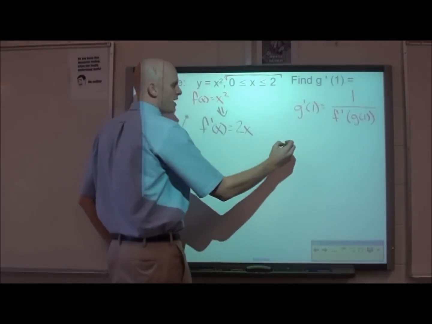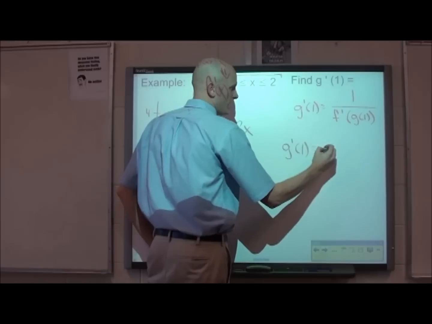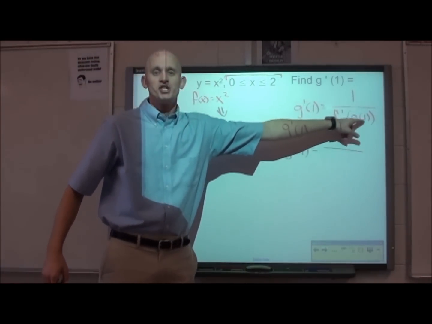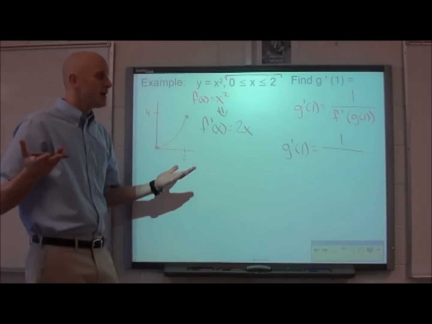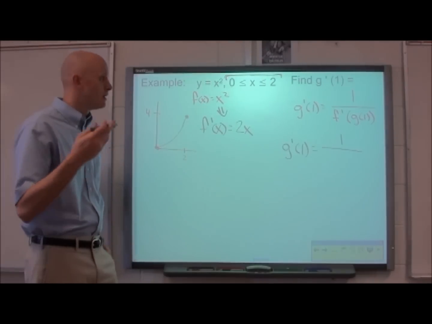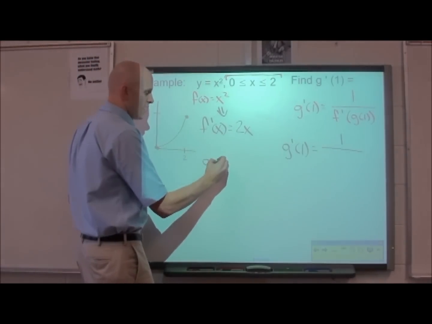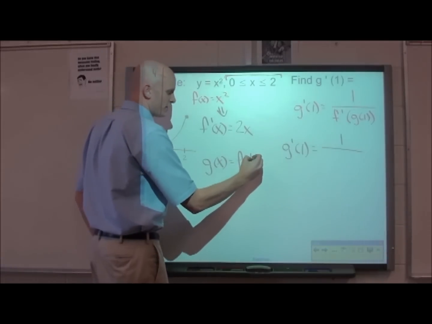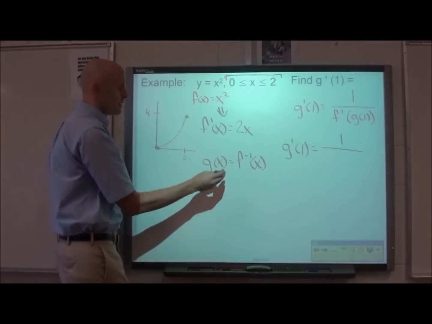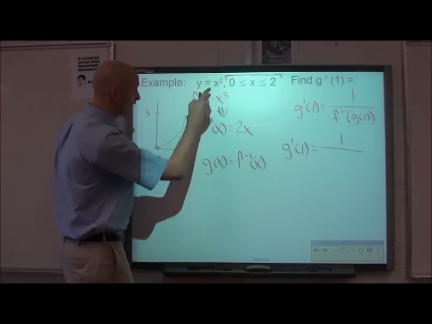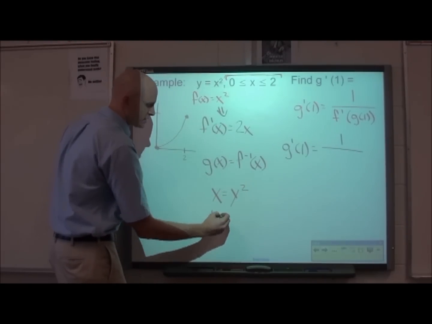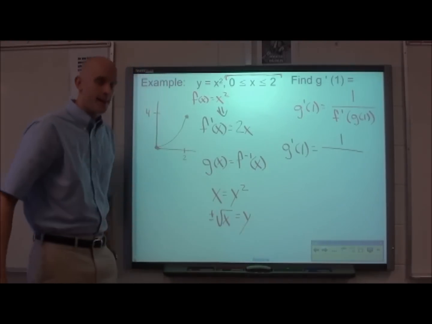Now, if I'm finding g prime of 1, it's equal to 1 over the derivative of f with g of 1 plugged in. Now, what is g of 1? Well, we would need the inverse of this function. So we know that g of x is given by the inverse of f of x. To find the inverse, I can solve x equals y squared, or plus or minus square root of x equals y.